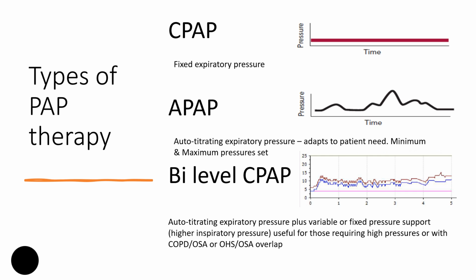So a normal CPAP or APAP can go up to the pressure of 20 centimeters of water. The bilevel ones can go up to 25. So these are good for people who need a lot of pressure. They're also good for people who need a little bit more of what we call pressure support. So those people who are having a little bit of that hypoventilation I mentioned right at the start.